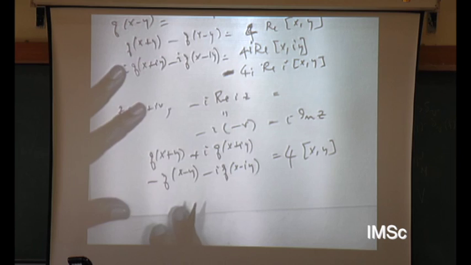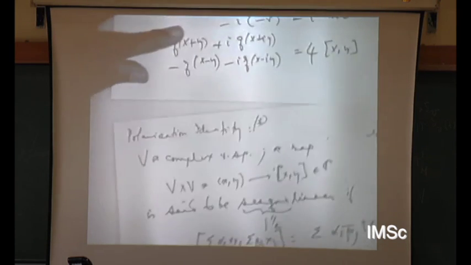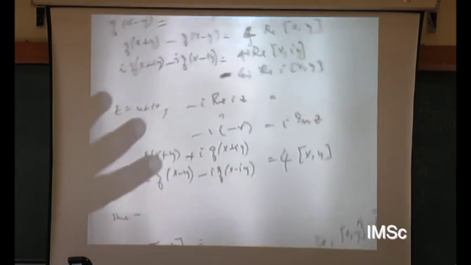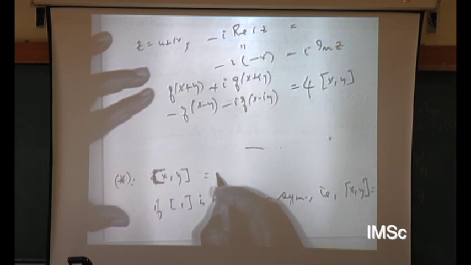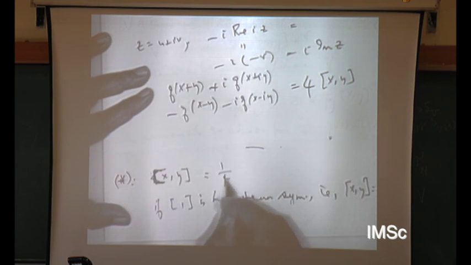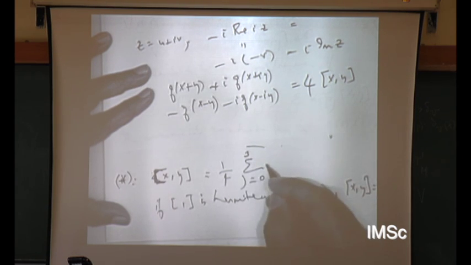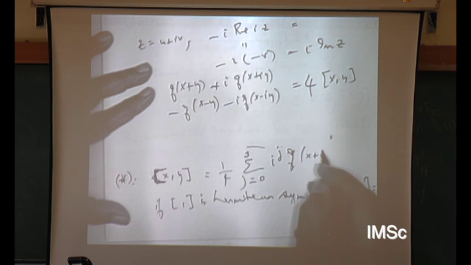But I will write this same formula in a slightly more clever and economical fashion. I'll write this as 1/4 times the summation over j from 0 to 3 of i to the power j times q of (x plus i to the power j y).